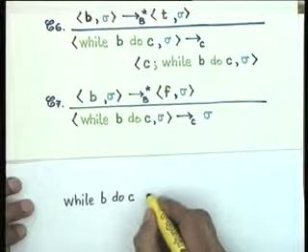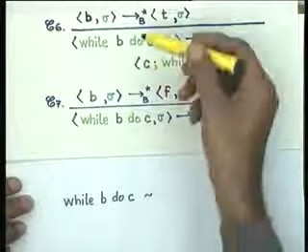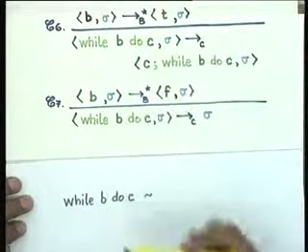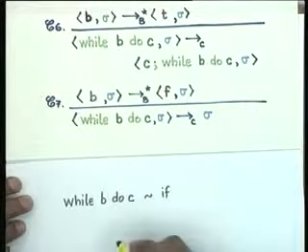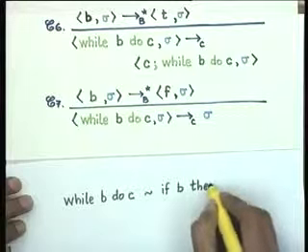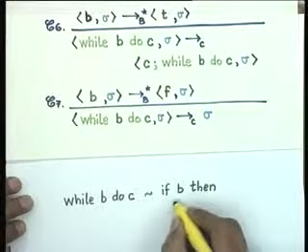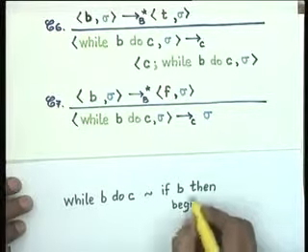is equivalent to, if you take a combination of C6 and C7, is equivalent to if B, then I'll use begin and end, because I require to bracket.